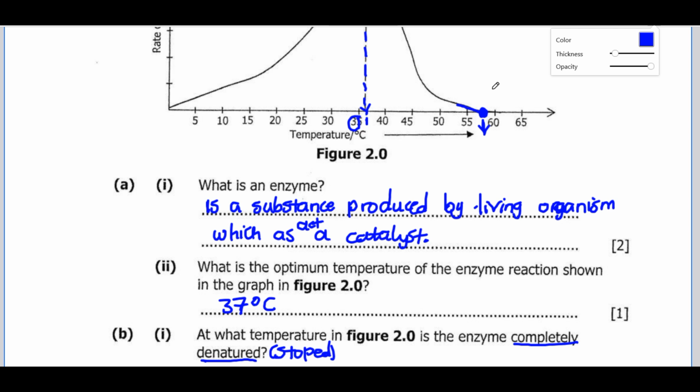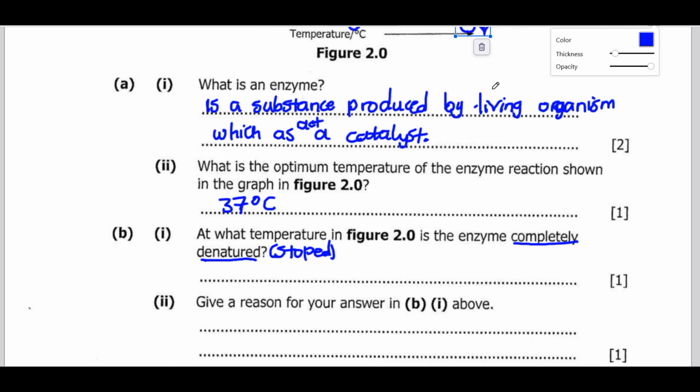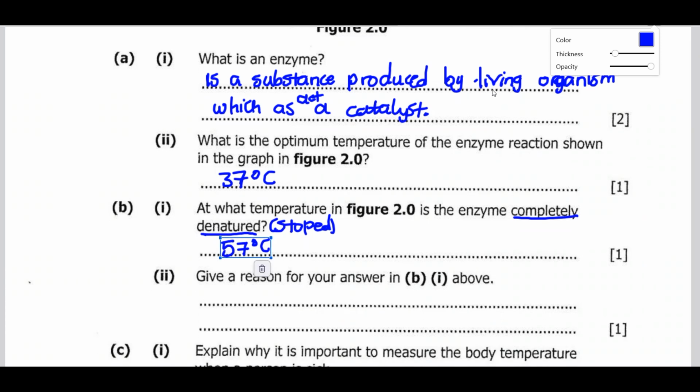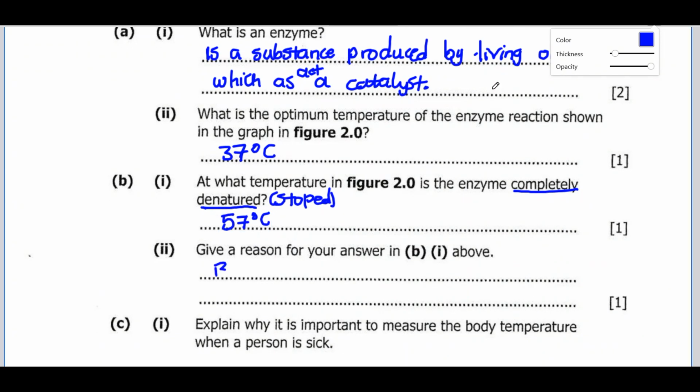So if you look, this is 55. So this can be 57 from what I can see. So say 57 degrees Celsius. Then the reason we can say is because the reaction completely stopped.